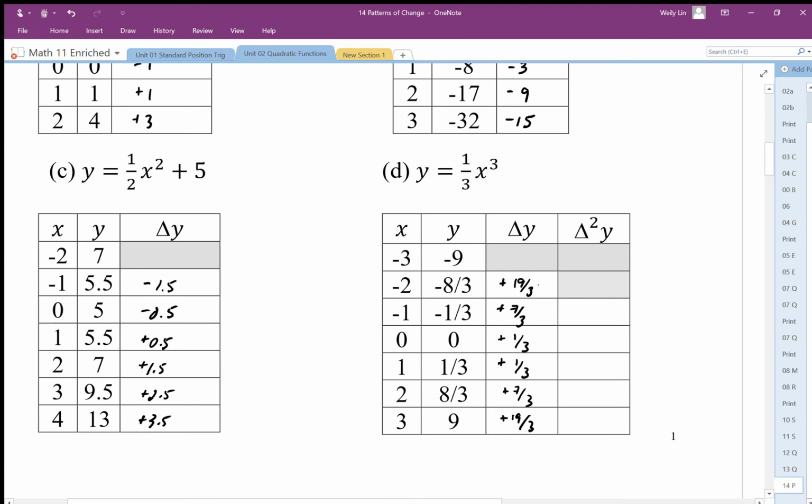So if we look at the second change of y, from 19 over 3 to 7 over 3, we went down 8 over 3. Here we went down 6 over 3. Here we're going to go down 0.